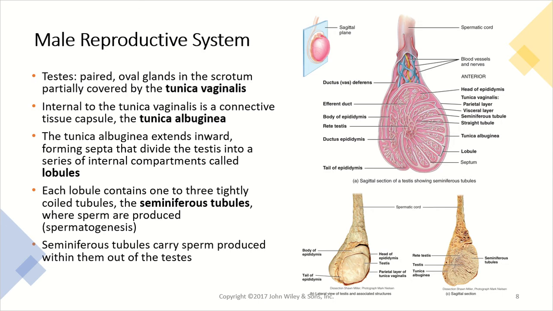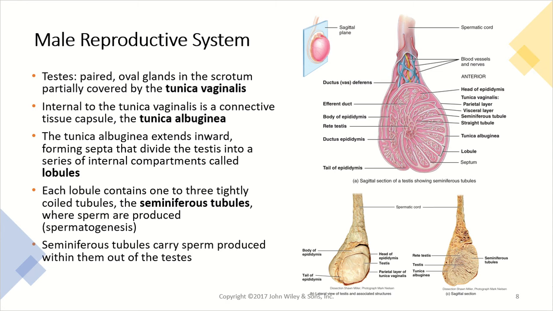The testes are a paired, oval-shaped gland. They reside in the scrotum, and they're partially covered by the tunica vaginalis.